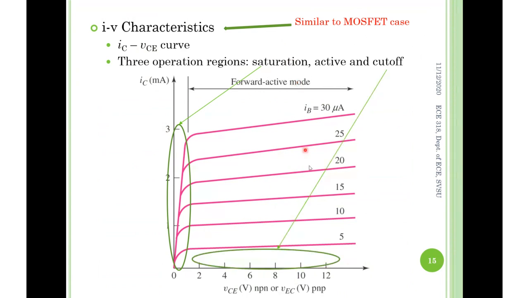We have a second green oval down here. In MOSFET, we call it cutoff as well, so this is the same name. Cutoff means the transistor is off, no matter whether it's MOSFET or BJT.